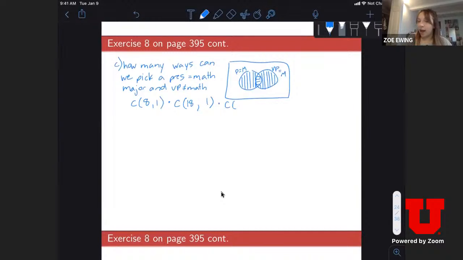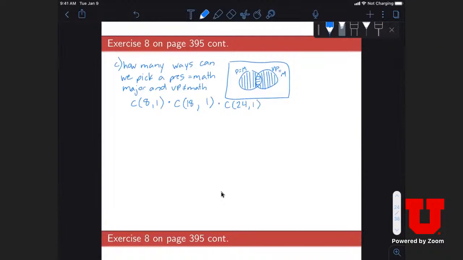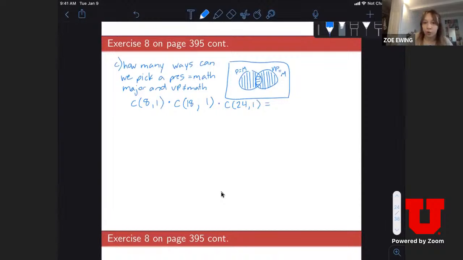So the total was 26, so now we're going to pick out of 24 people and choose one of them to be the secretary. Okay, and this comes out to 3456.